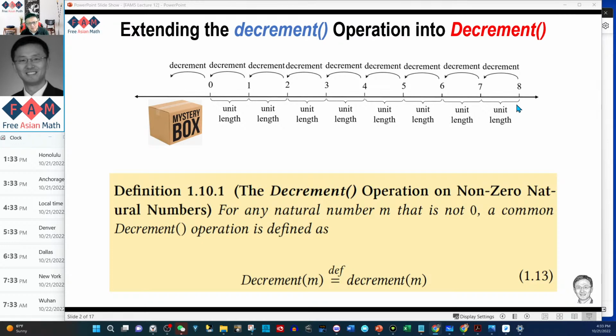But both increment and decrement with the little case, they only apply to natural numbers, and that's by definition. And in particular, the decrement operation cannot go beyond 0. So we want to expand that definition. So we redefine a new decrement operation.